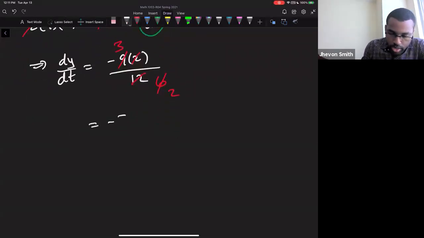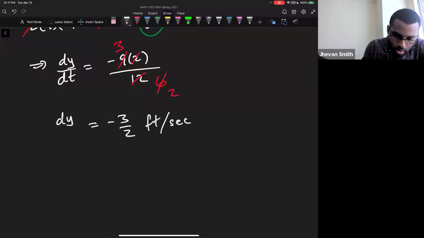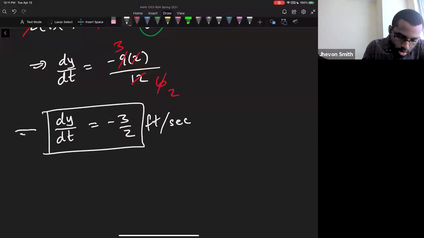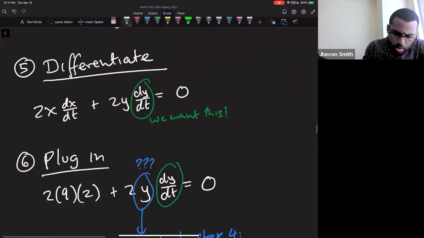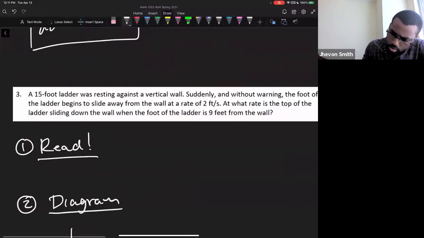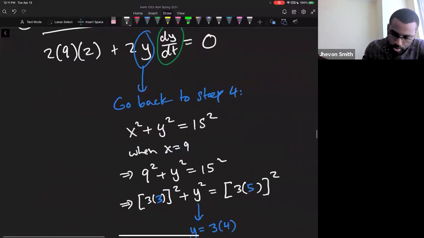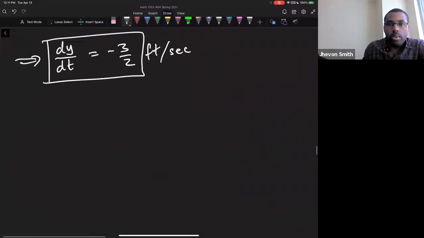So this is minus 3/2 feet per second. Is it feet per second or per minute? Feet per second, right?